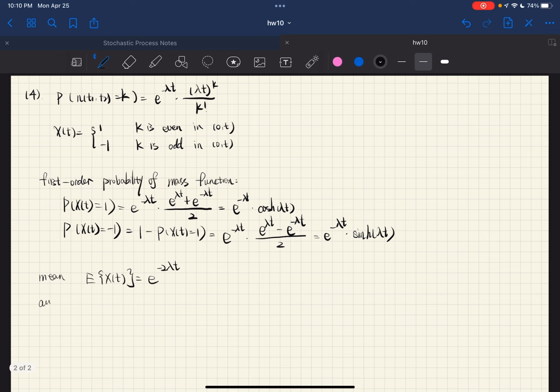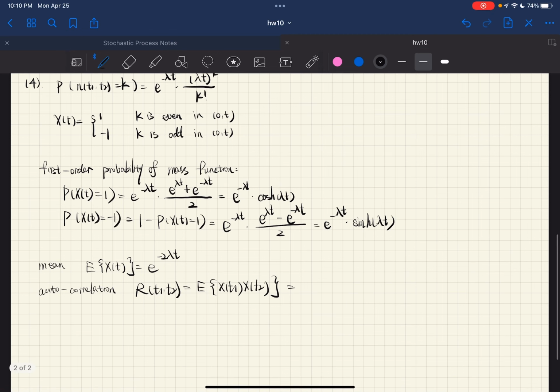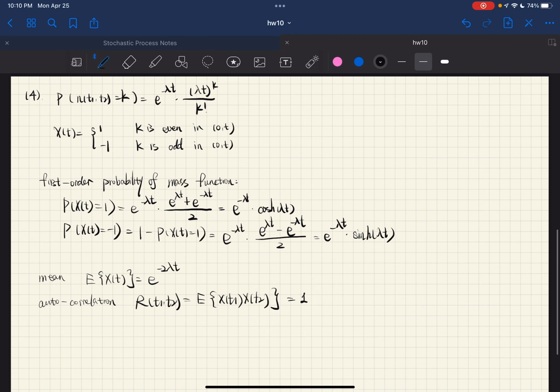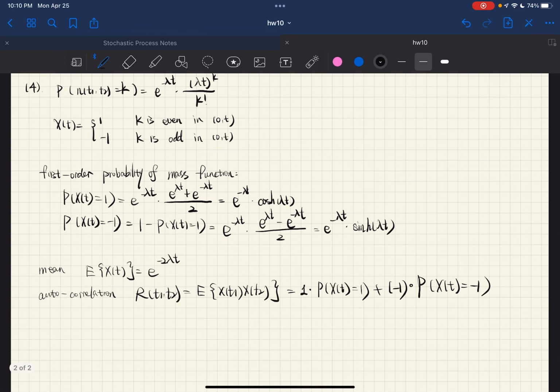And we have the autocorrelation R(t1, t2), which equals the expectation of X(t1) times X(t2), which equals the value of 1 times the probability of X(t) equals 1 plus the value of minus 1 times the probability of X(t) equals minus 1. And we just plug in the first order probability mass function we have just derived above.